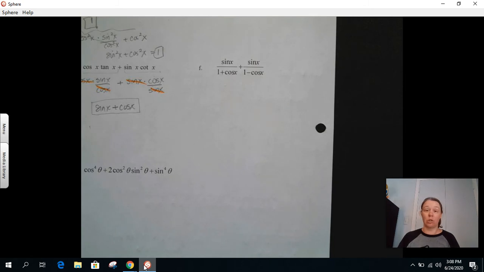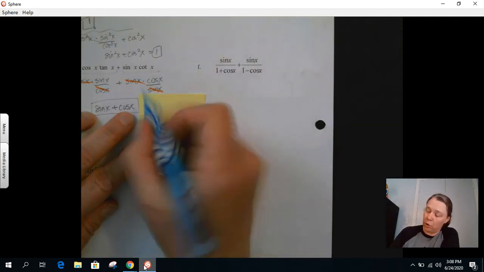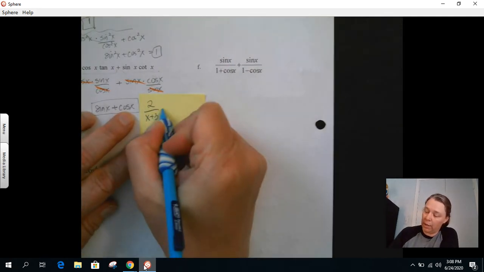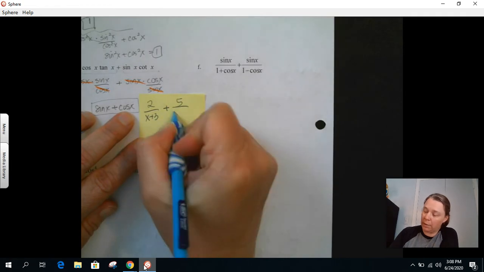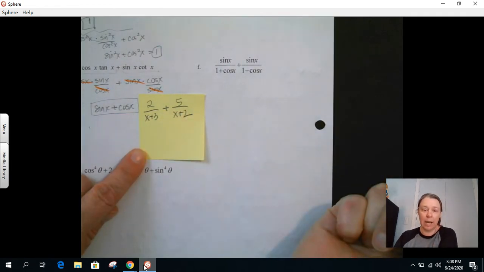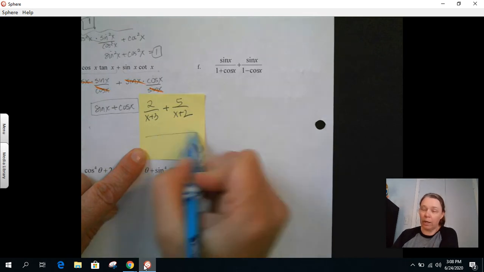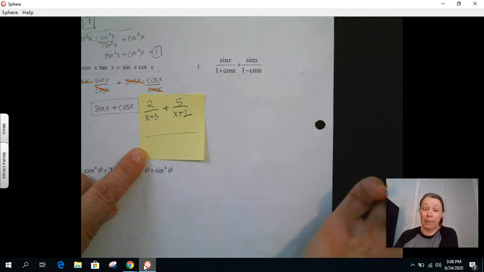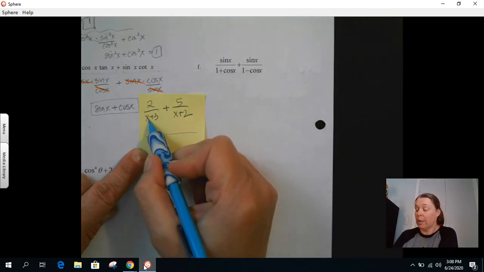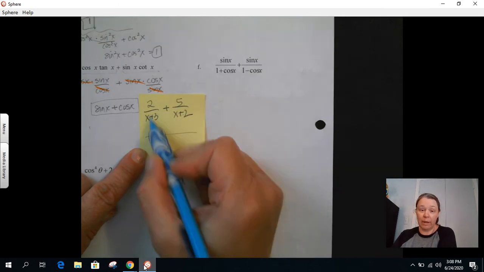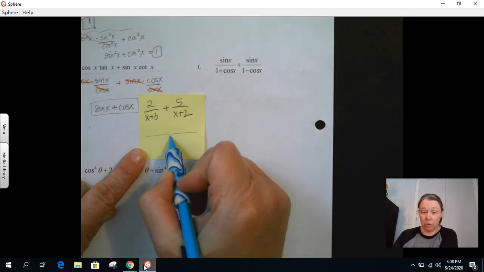Back last year, you did things with rational functions and you talked about getting common denominators. If you had something like 2 over x plus 3, plus 5 over x plus 2, and I said get a common denominator, remember what you did. Like if this was a 5 and this was a 7, you would multiply 5 and 7 and say your common denominator is 35.